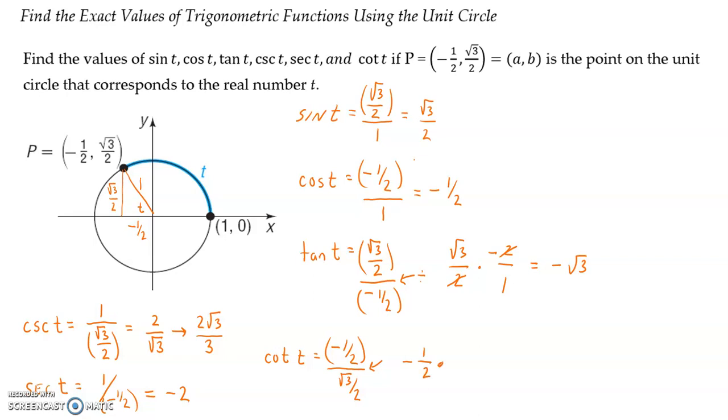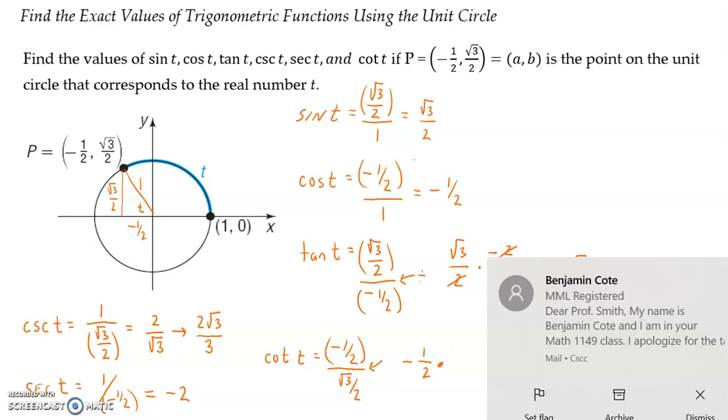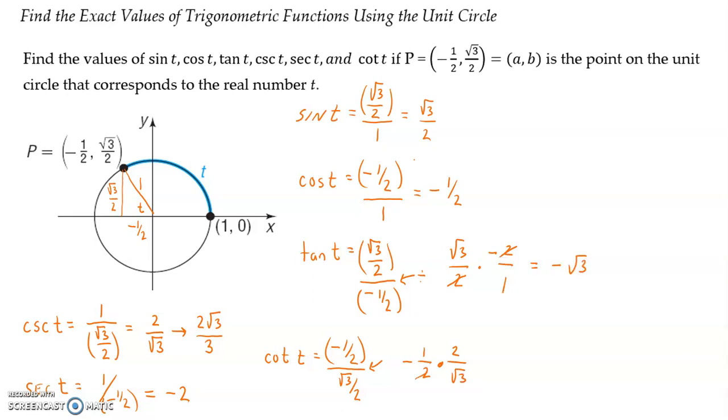We're going to change our problem to a multiplication problem, and we'll flip our second fraction upside down. So our 2's here are going to cancel, and this is going to give us -1 over radical 3. And if you want to rationalize your denominator here, you can multiply top and bottom by that radical 3. So a negative radical 3 on top, and 3 on the bottom will be our last function.